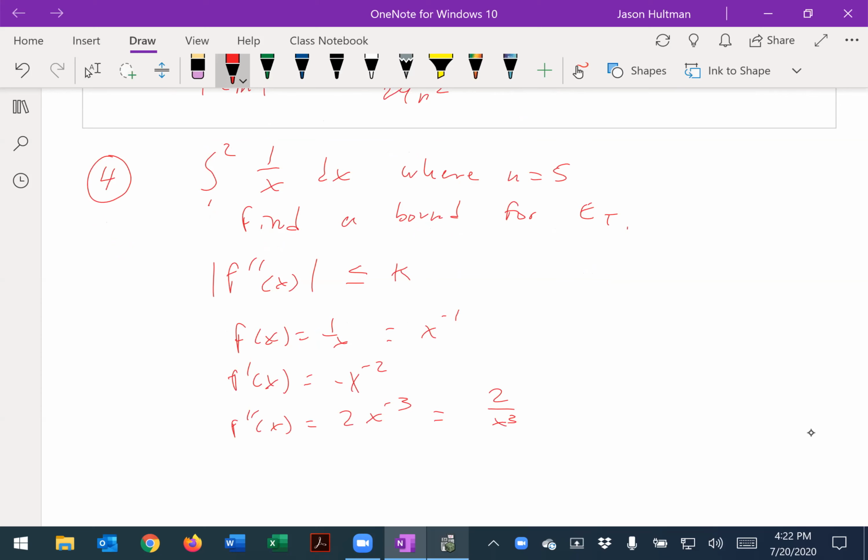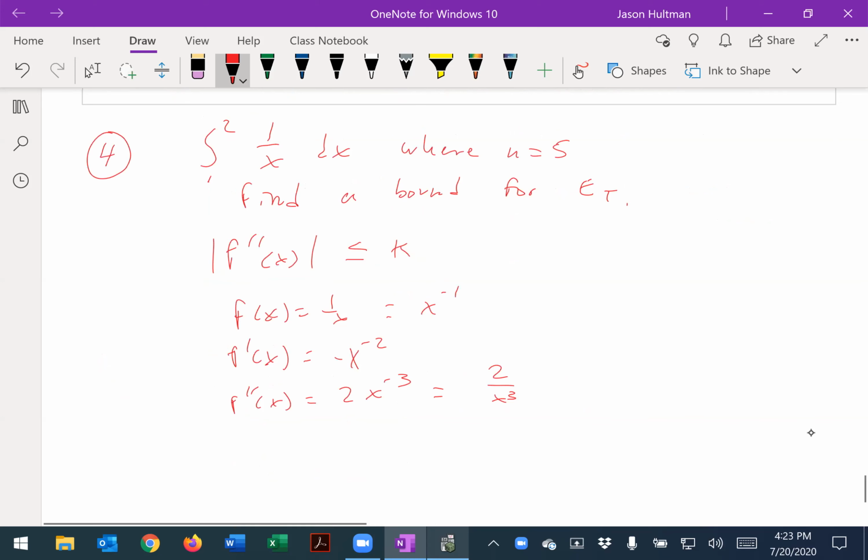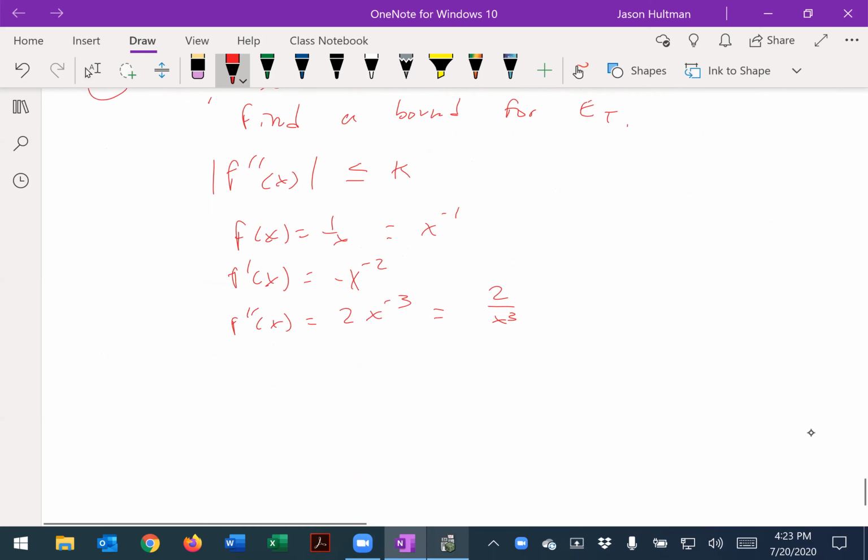So the error bound is less than or equal to k. K is just a value that I want to figure out. What is this going to be less than or equal to in my region? Because x goes from 1 to 2.